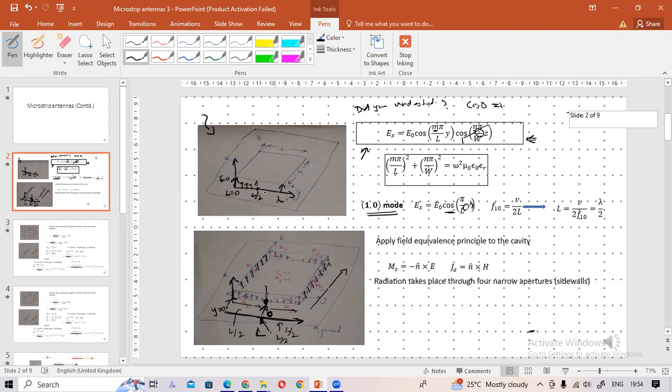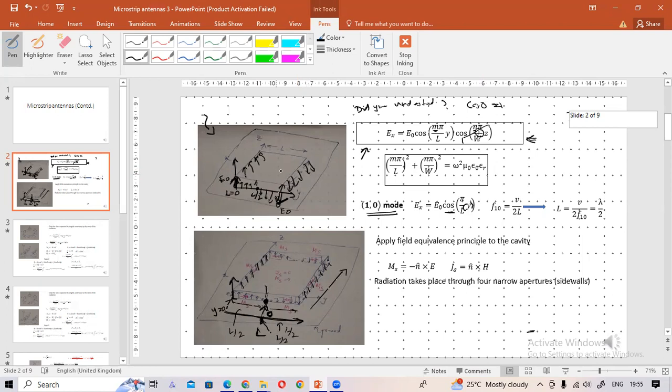Then from the middle to L it increases, but in the opposite direction. At this point it is again in this direction. In this wall the E field is constant because it is not changing, so here also it is in this direction.